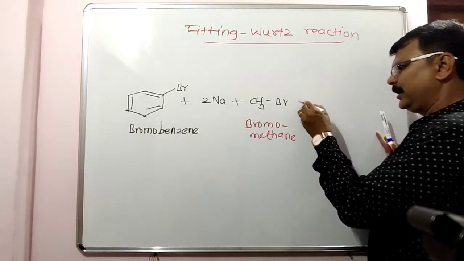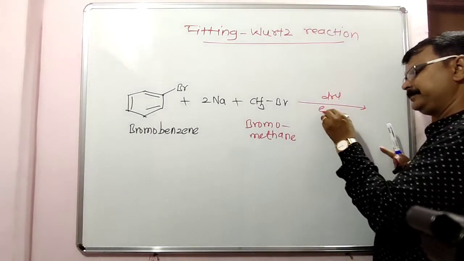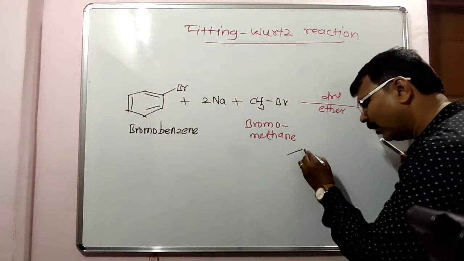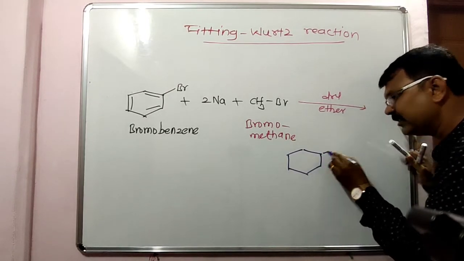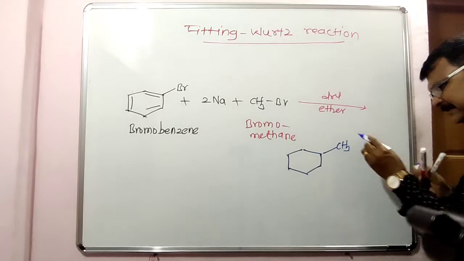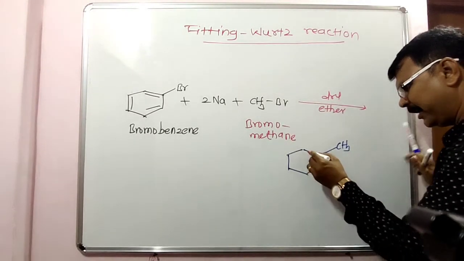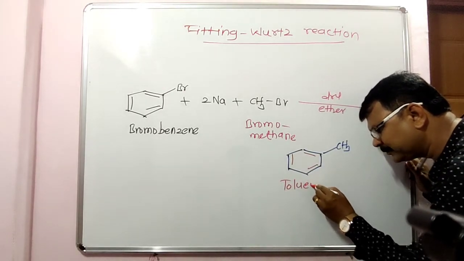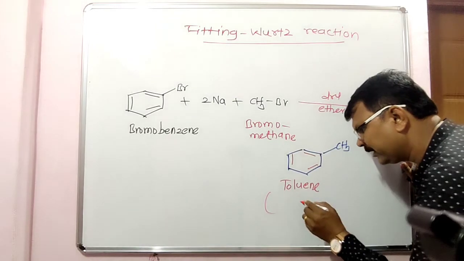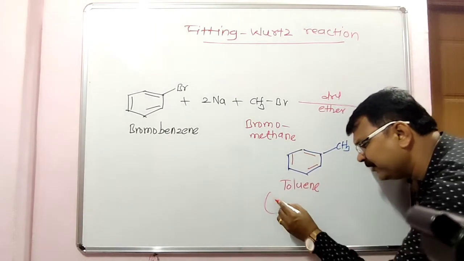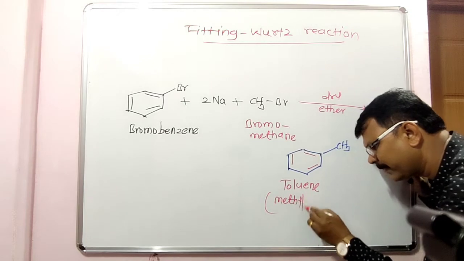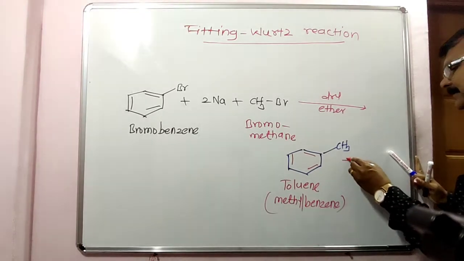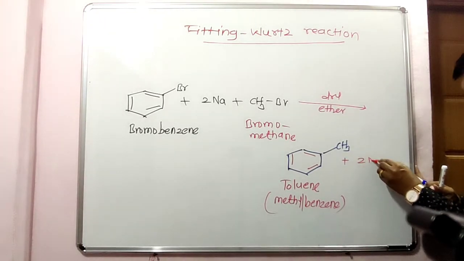In presence of dry ether, it gives this compound with CH3. What is this? Toluene, another name methyl benzene, plus 2 NaBr.